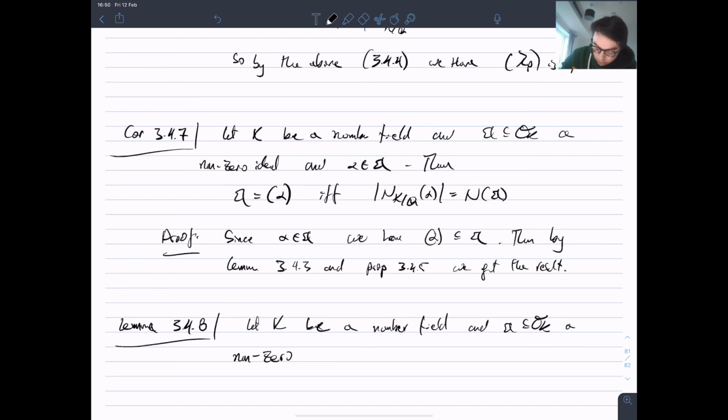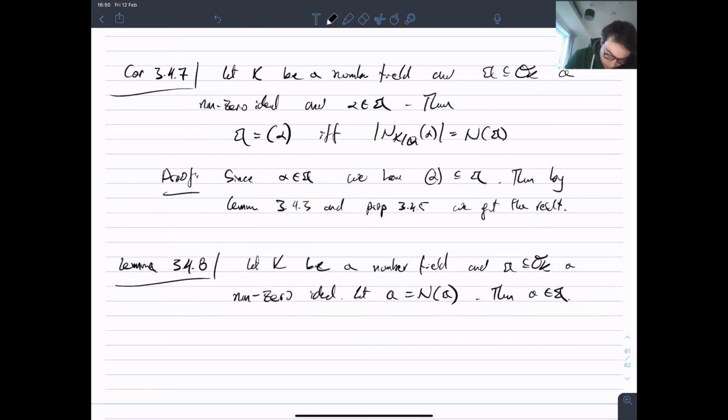Stop saying non-zero, we should always just think of proper ideals anyway. And I'm going to let a be the norm of this ideal. Then a is contained in my ideal. So the ideal always contains its norm. So, proof.